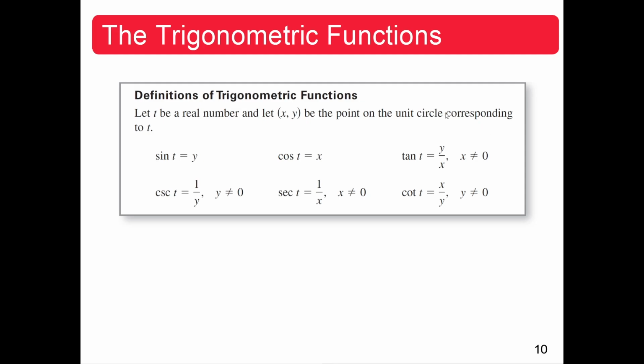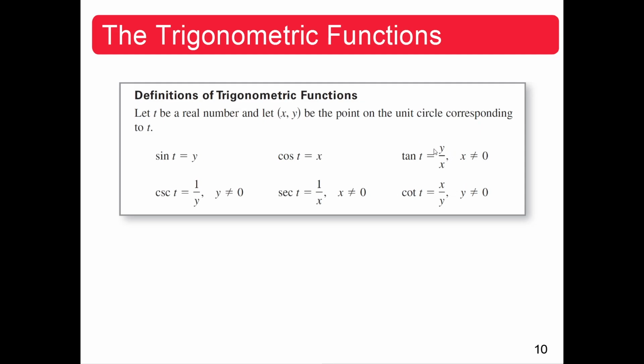One thing to note here, and this becomes a connection to later material as well: tangent being a y over an x might make you start thinking about the idea of slope to a certain extent. This idea of y's over x's. Another connection that I want you to make here is that while the cotangent is a ratio of x and y, it is also the reciprocal of the tangent function.